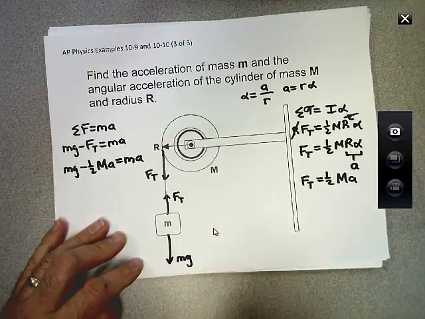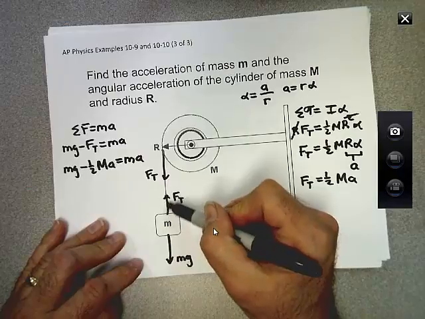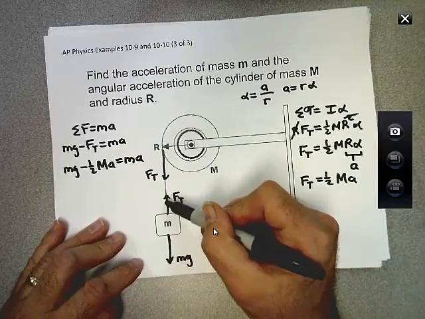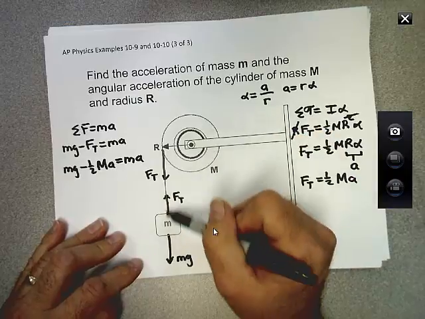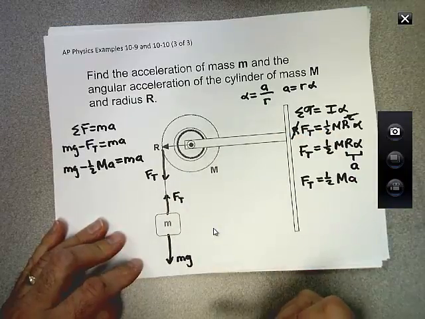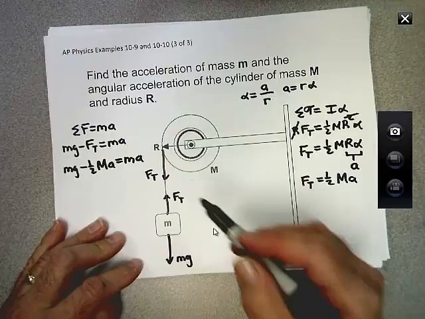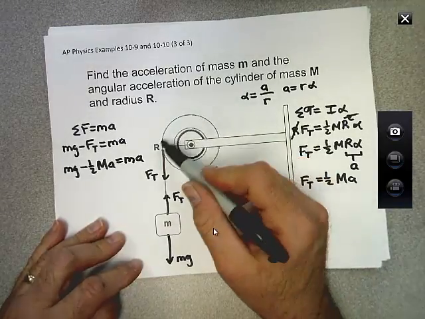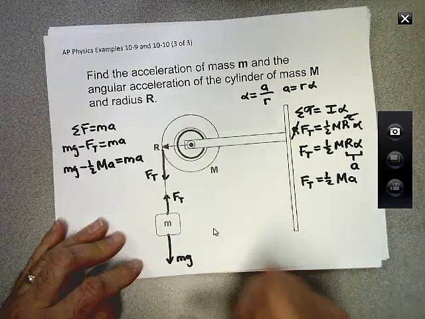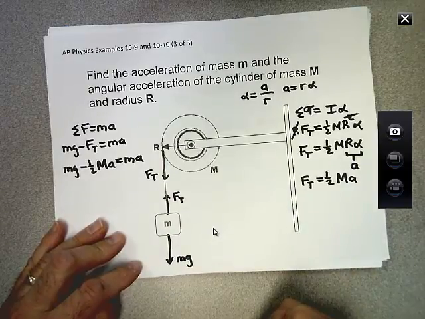What makes this possible are two things. We know that the tension pulling up on this mass is equal to the tension pulling down on the pulley. That's assuming a massless string or a very, very low mass string. We also know that the tangential acceleration of the pulley is related to the linear acceleration of the block.